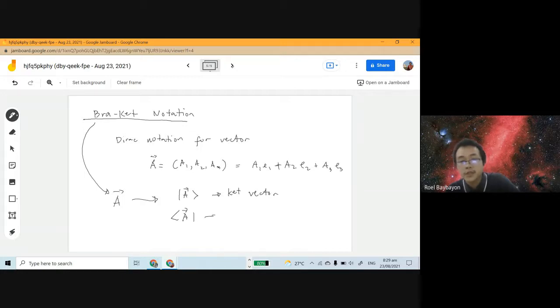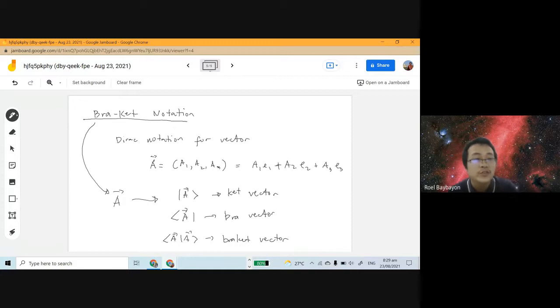And this one is the bra vector. Okay? So, if we combine these two, I have this. This is called the bracket vector.